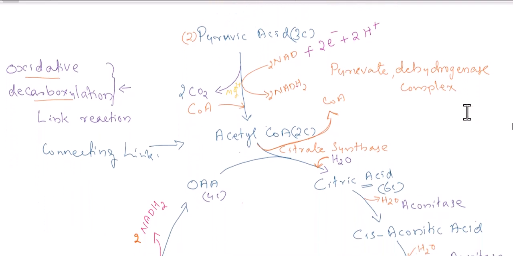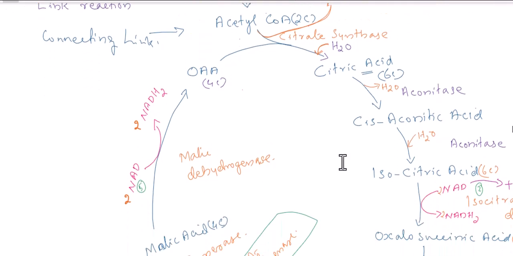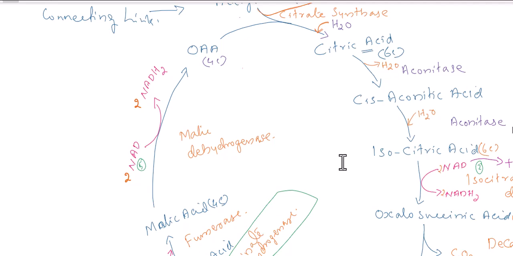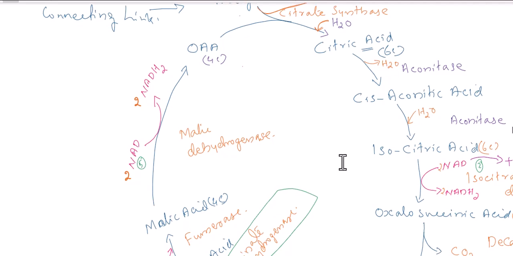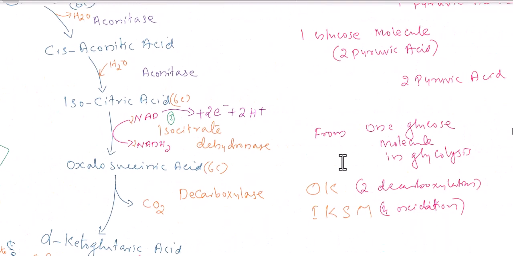But the Krebs cycle starts from here, from oxaloacetic acid onwards. So when we consider this cyclic reaction, how many oxidations and decarboxylations are there? In short form we can say IKSM. Which molecules undergo oxidation?